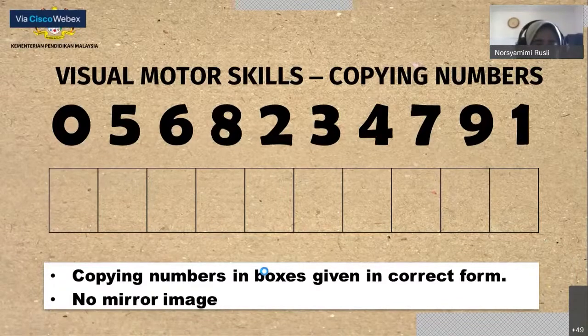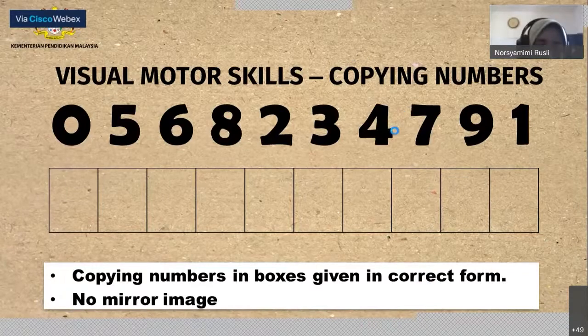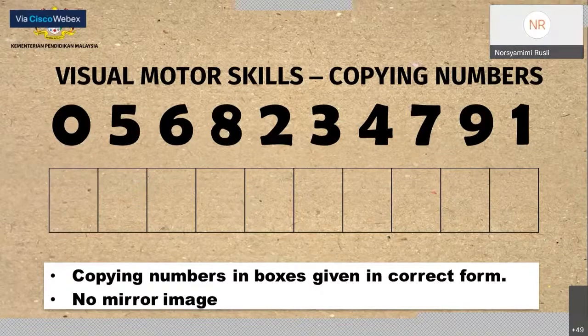If there is a mirror image, it may indicate that they have visual motor difficulties. For students less than 7 years old, you may want them to write numbers in sequence, 1 until 10, in the boxes given.